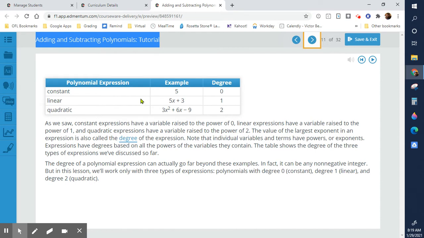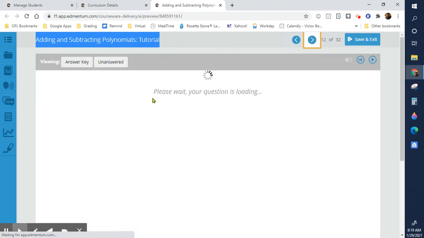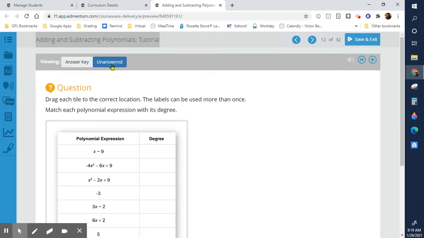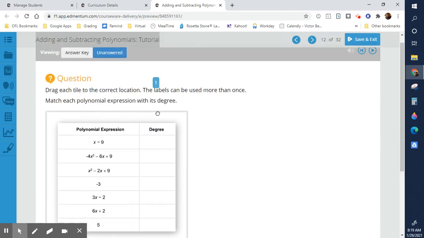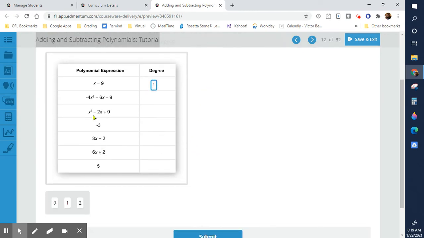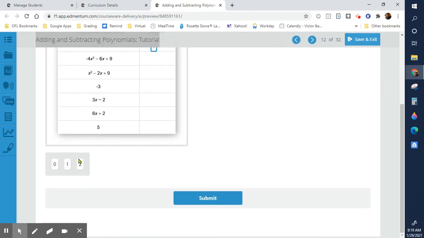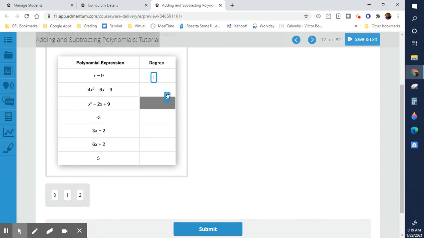All right, so here the degrees, like I mentioned before, the degree is the highest power in a polynomial. All right, so let's get to this. So we're going to look at the highest degree. So it's an x, so the highest degree is a 1. I'm looking at this, the highest power is a squared, so the degree is 2.